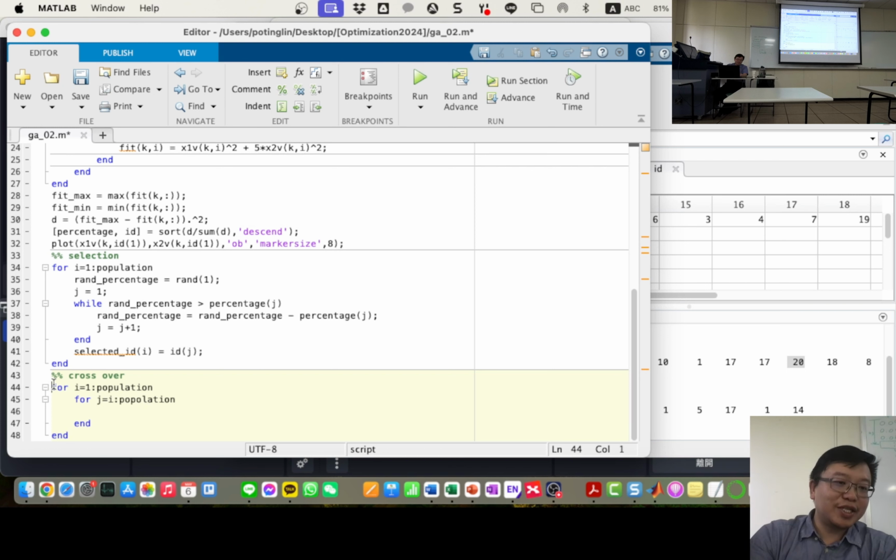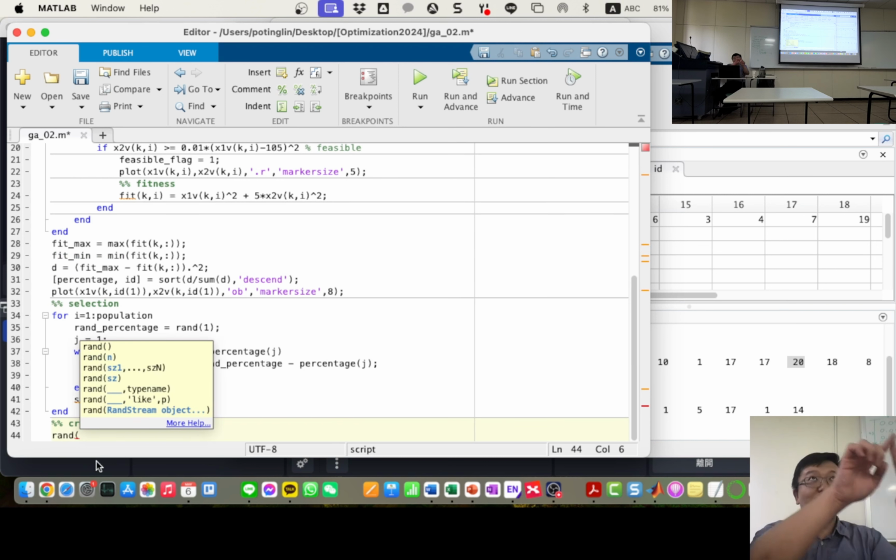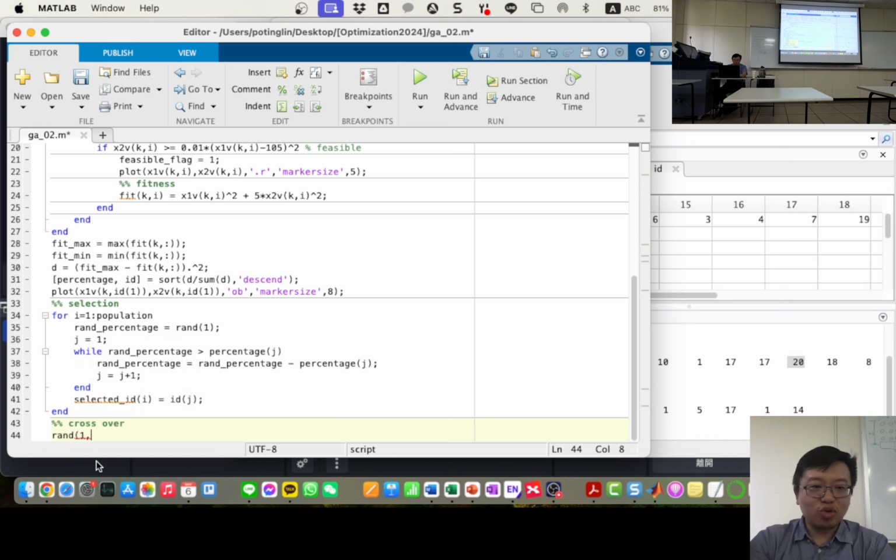Or what I can do is I can randomly generate 1 to 20 number values, and then they are values.